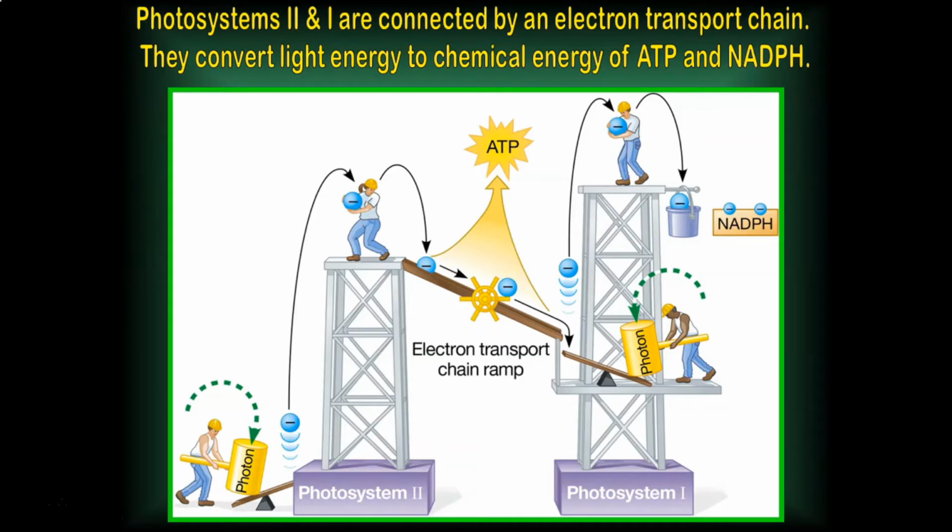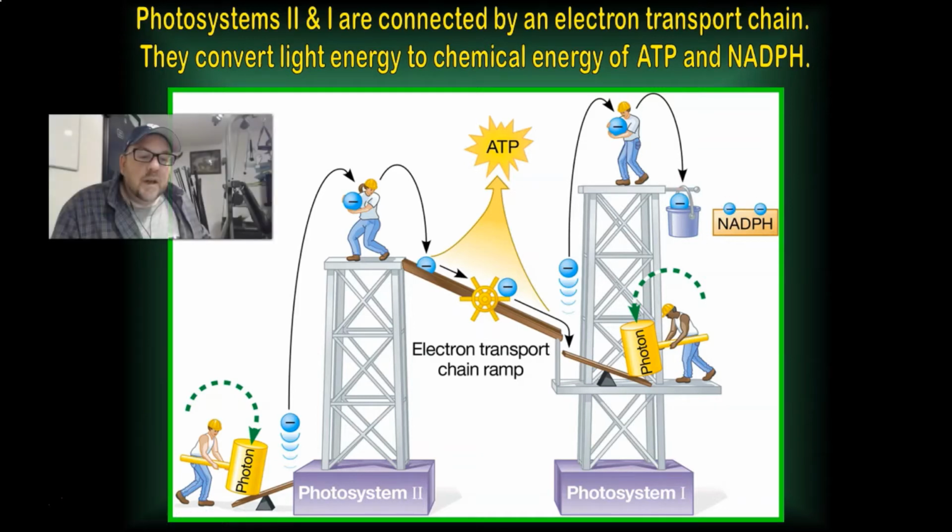NADP+ comes in there and oxidizes the proteins of the chain, and then it gets reduced to form NADPH. We now have our second high energy compound of the light reaction. So we got our ATP, thank you photosystem 2, which comes first, and then we got our NADPH, thank you photosystem 1, which comes second, and now we can power the Calvin cycle.